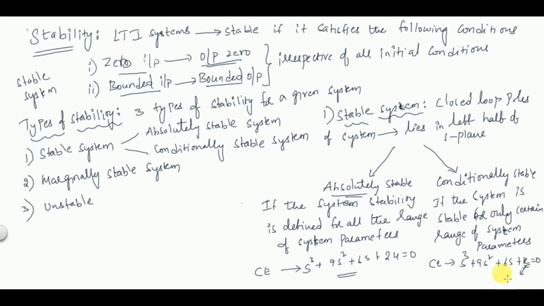Only for certain ranges of k is the system stable. For this system we get 0 less than k less than 54. Only for this range of k the system is stable, and outside this range the system is either marginally stable or unstable. That is why it is said to be a conditionally stable system.